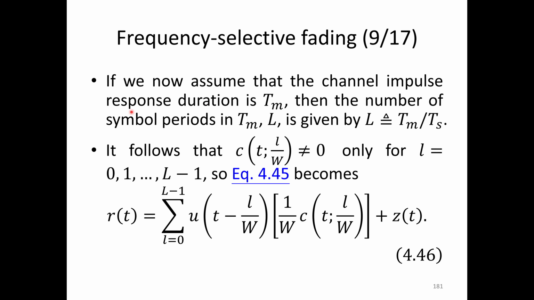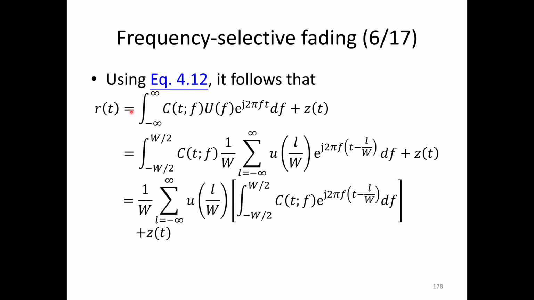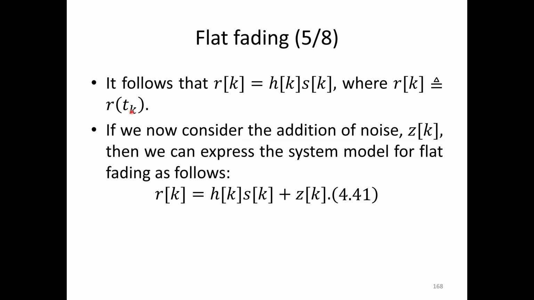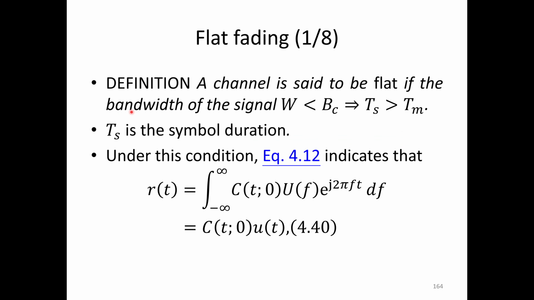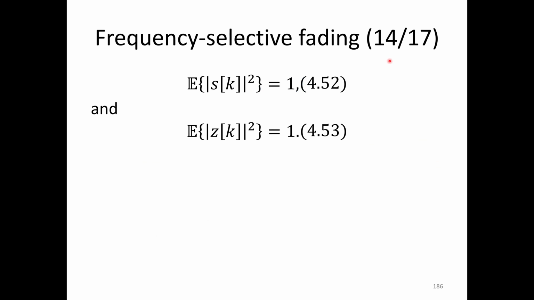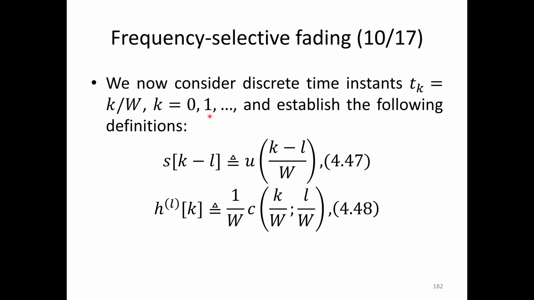Let us review the meaning of W. W is the bandwidth of the signal, where K is equal to 0, 1, etc. So K can be any non-negative integer, and establish the following definitions.